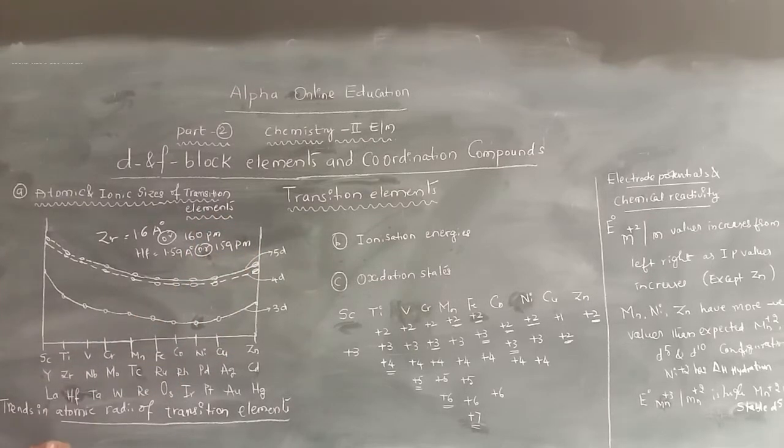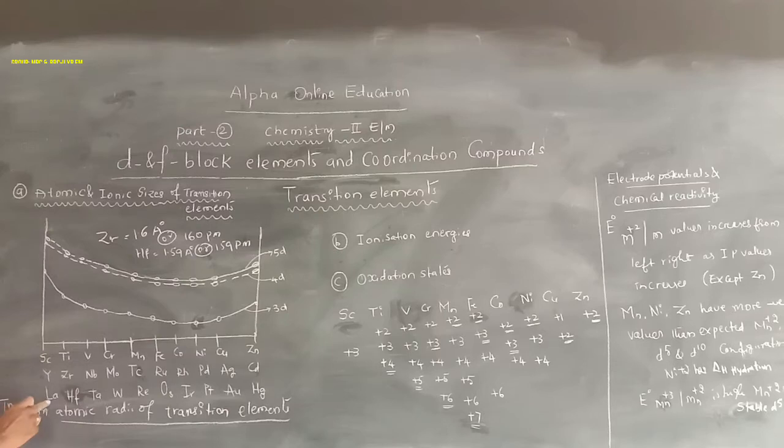That means hafnium size is slightly smaller than zirconium. After lanthanum, 57 is lanthanum, then 72 is hafnium. In between 57 and 72 there are lanthanides, cerium to lutetium elements.